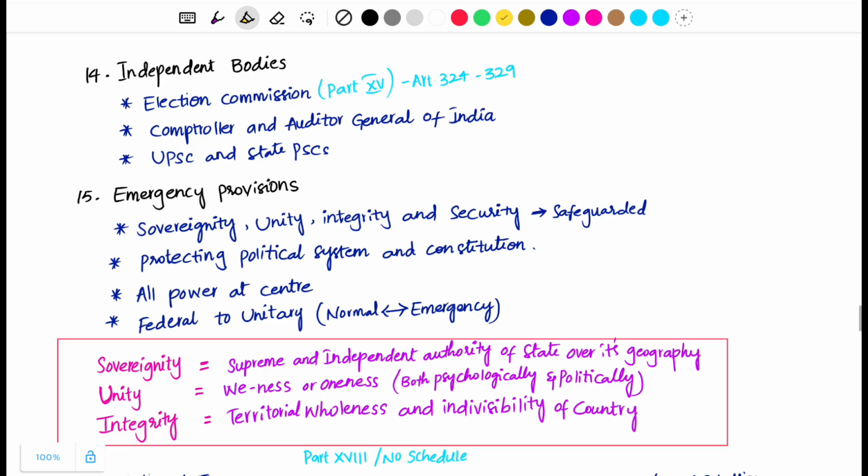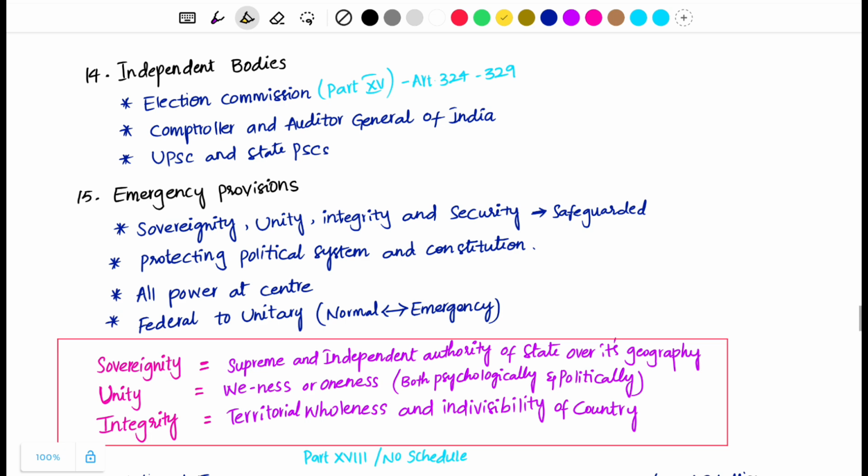To conduct free and fair elections in the country, an independent body has been put. I always say this, it is the Election Commission of India, not the Election Commission of the Government of India. It is an independent body that draws its powers from the Constitution of India, not from the central or the state governments in the country.